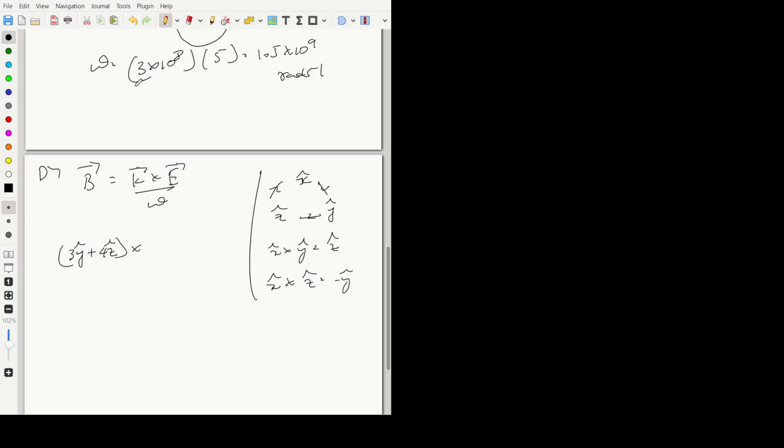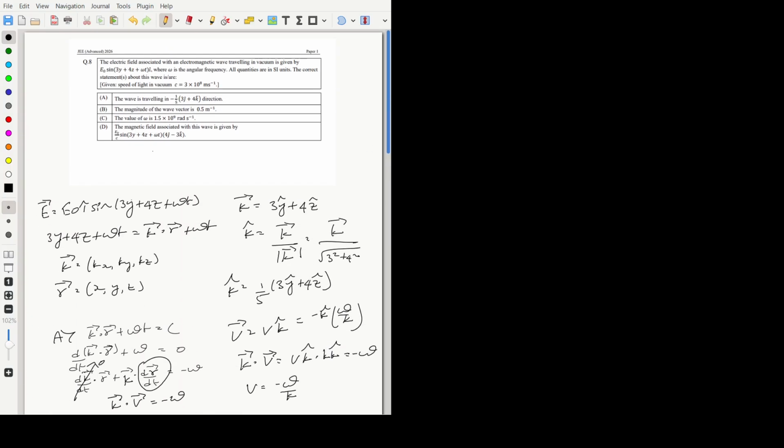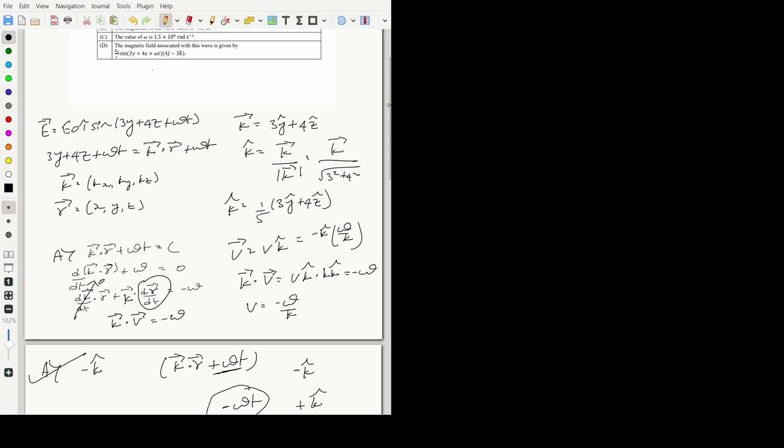Cross this over omega. The option gives me an answer in terms of c, so I will also write it in terms of c.